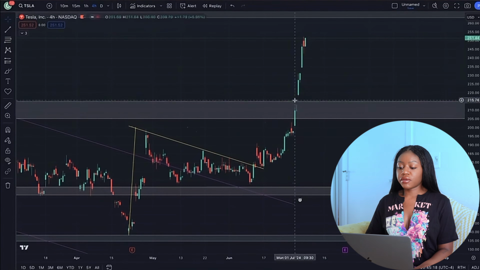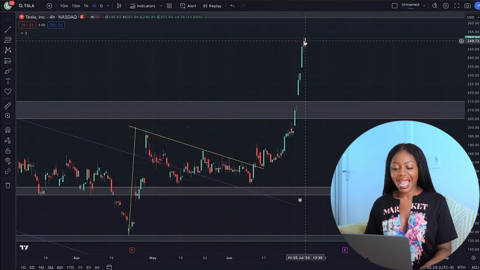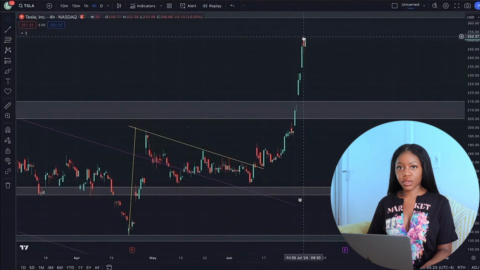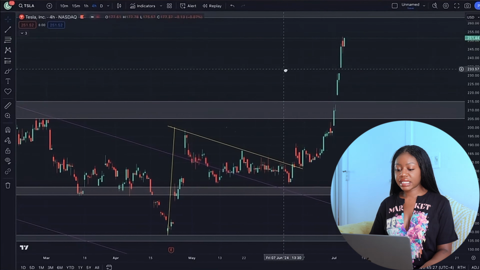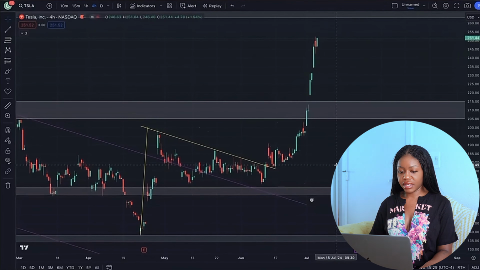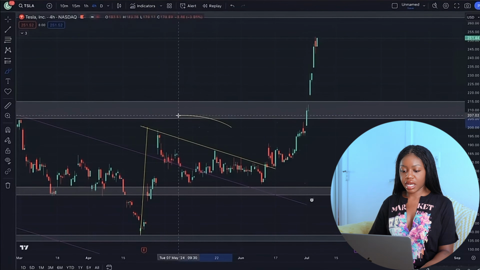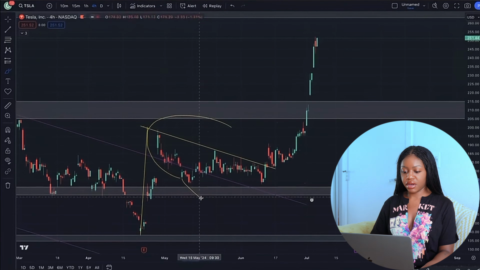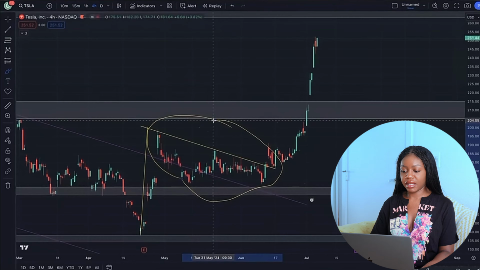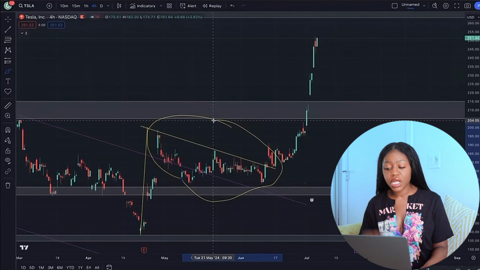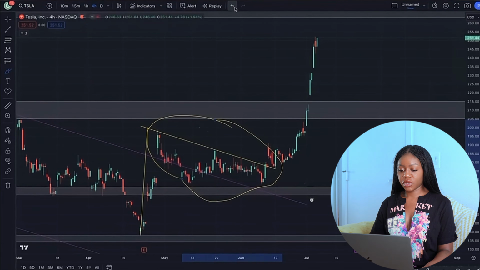Now, you could have been preparing and scaling in to your swing position on Tesla for this bullish breakout anytime during this phase here. Anytime during this area, you could have been scaling in, because you don't know when the breakout's going to happen. You just know it's going to happen. Let me remove that circle.